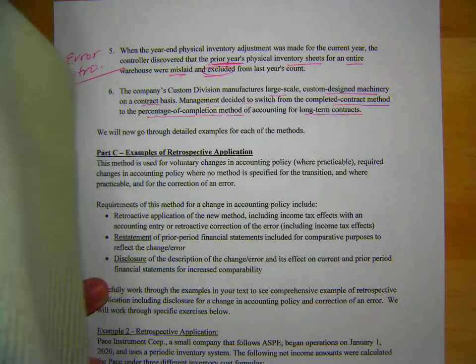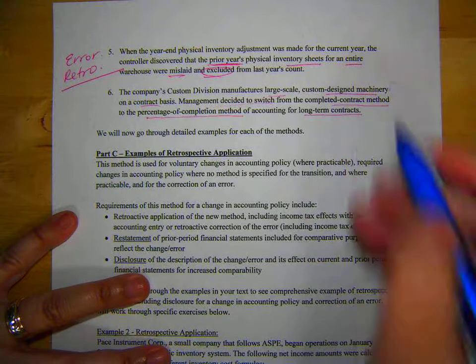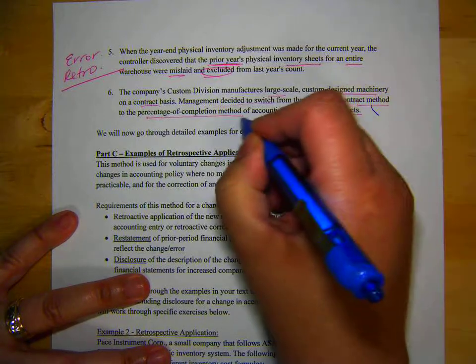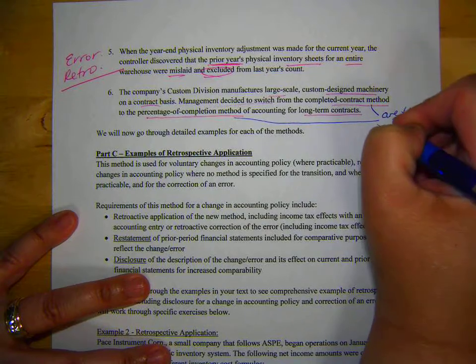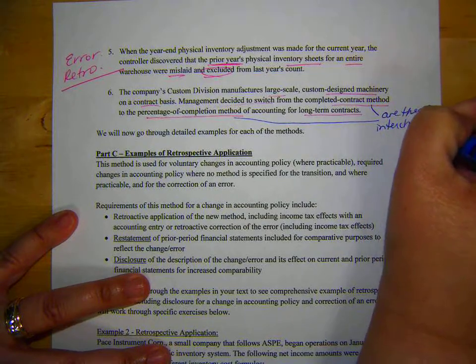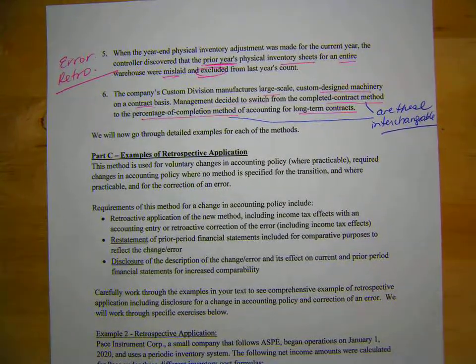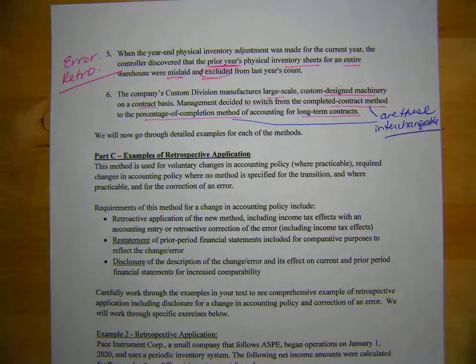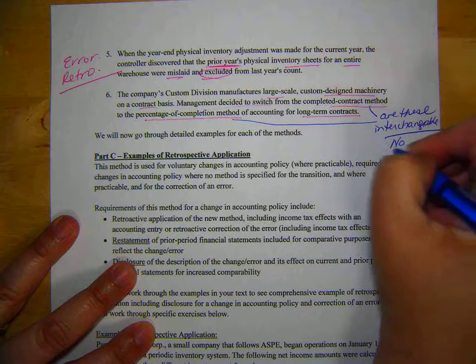I said this one is tricky because you had to remember way back to 315 and ask yourself, are these interchangeable? When we did number 4 on the last page, FIFO or weighted average, those are interchangeable. You can use whichever one suits. These two are not interchangeable.